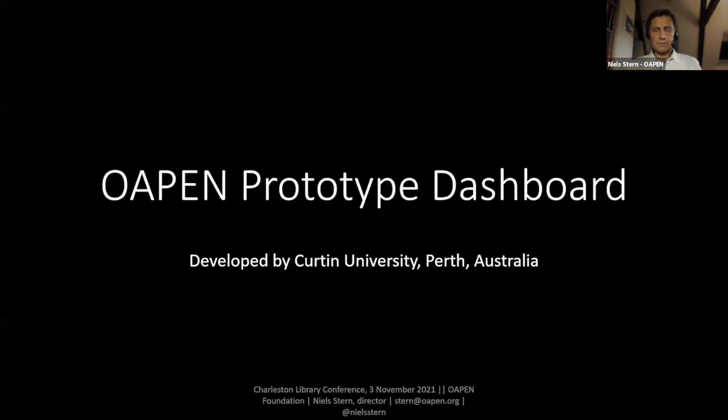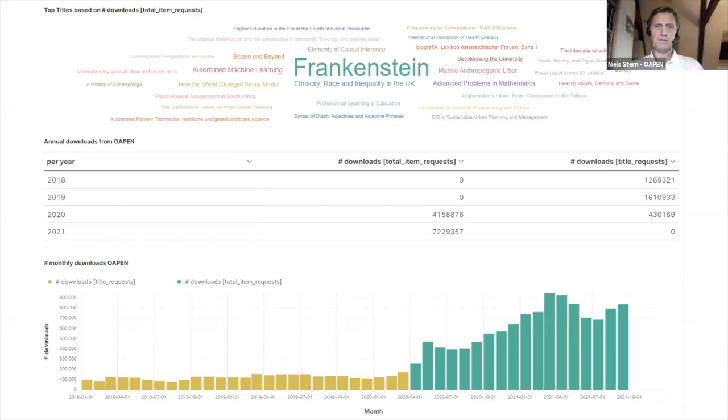Now, just a few words on the prototype dashboard for OAPEN, which is developed by the team at Curtin University in Australia. And I'll share with you just a few slides. They are quite similar to what you saw Rebecca presenting.